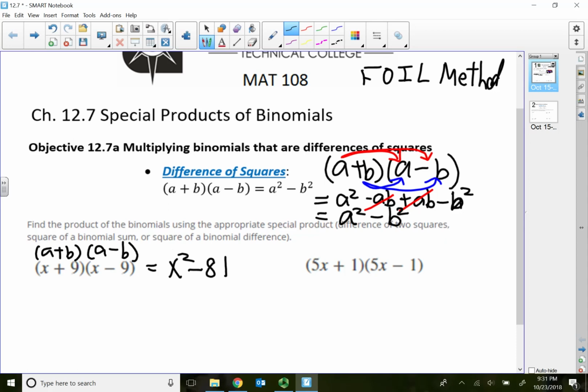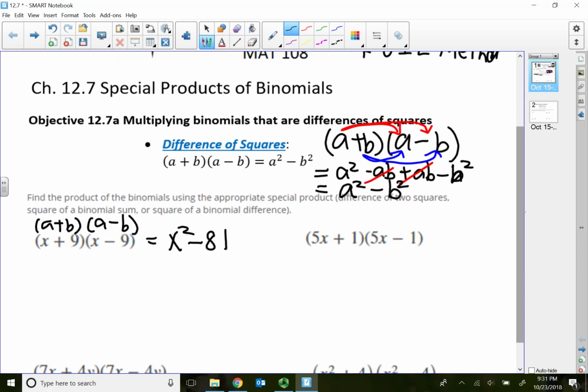So the answer is x squared minus 81. This is a little shortcut, or special product, because when you recognize a difference of squares, you can simply write down the answer without doing the FOIL method, since the inner and outer terms in the middle will always cancel each other out.